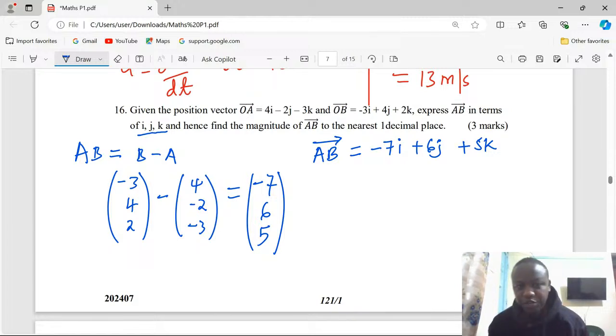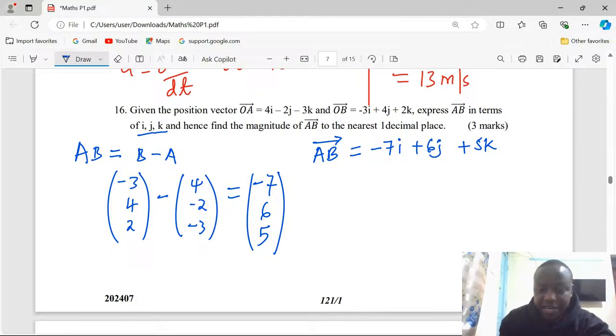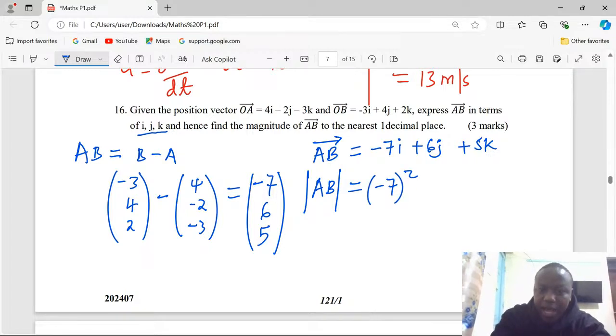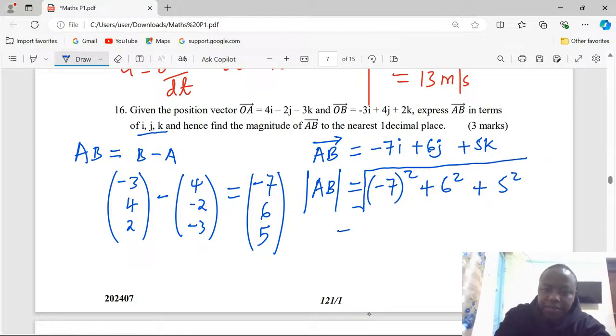After this expression now, we can find the magnitude of AB. The magnitude of AB, whereby we need negative 7 squared plus 6 squared plus 5 squared, and we also obtain the square root of everything.